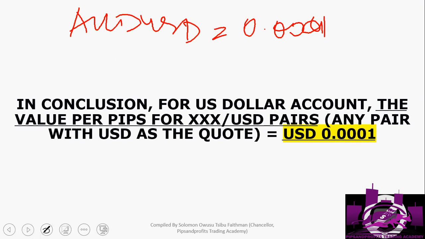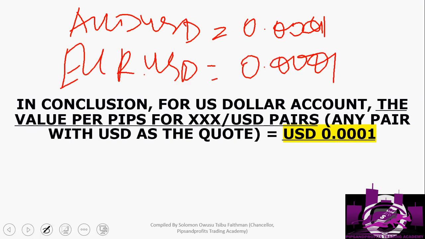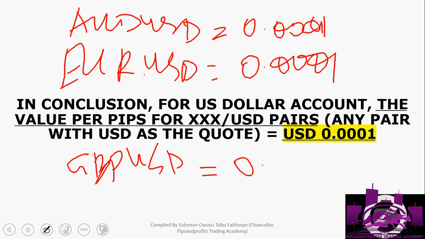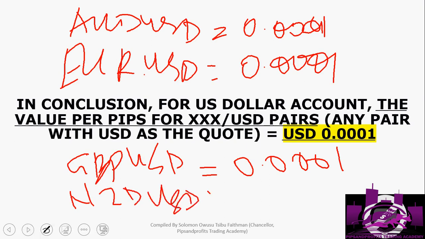When you take GBP USD, your value per pip is going to be 0.001. If you take NZD USD, your value per pip is going to be 0.001.